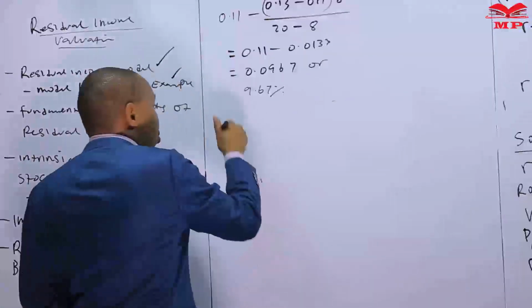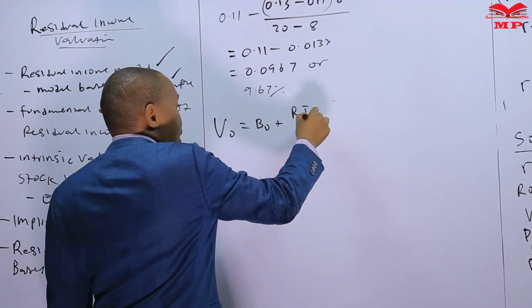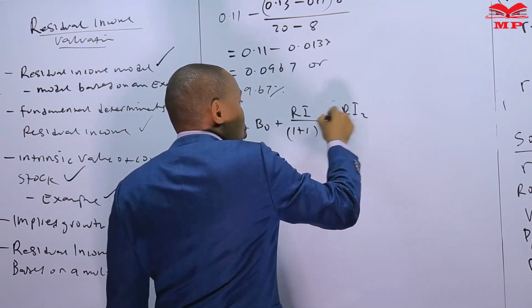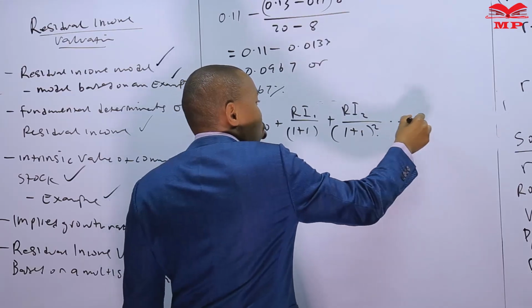So we are saying that we are building on this: V0 is B0 plus RI1 over 1 plus R, plus RI2 over 1 plus R squared, and so on and so forth.